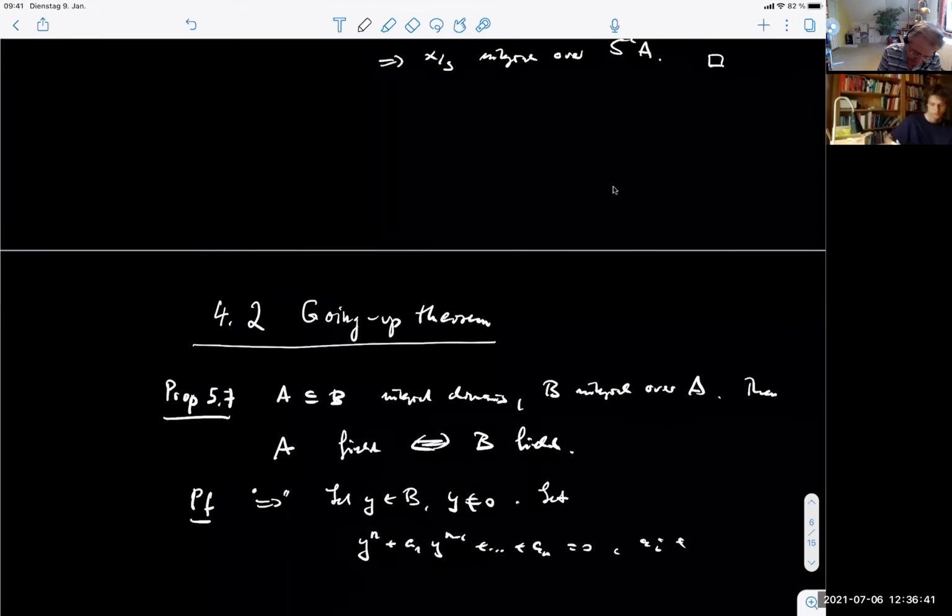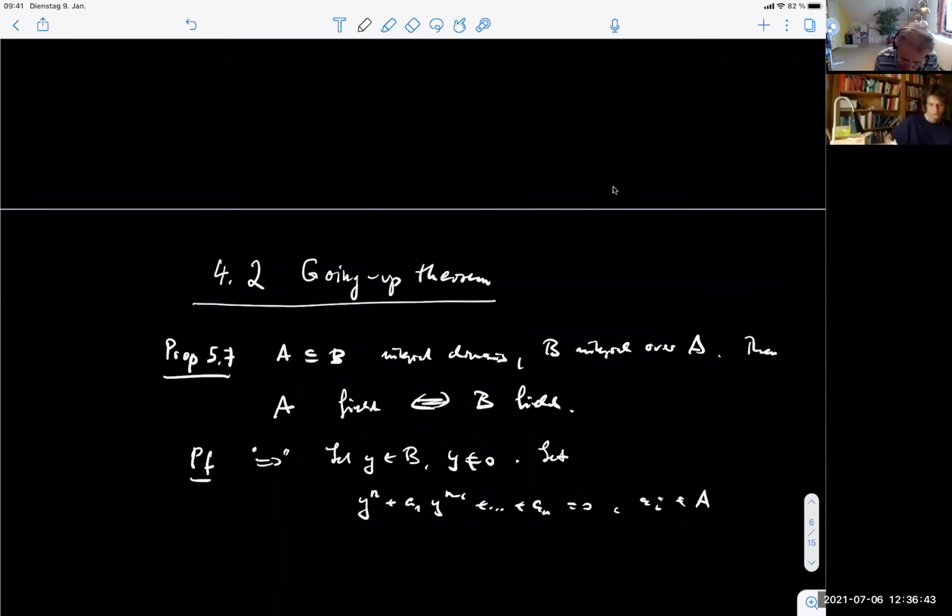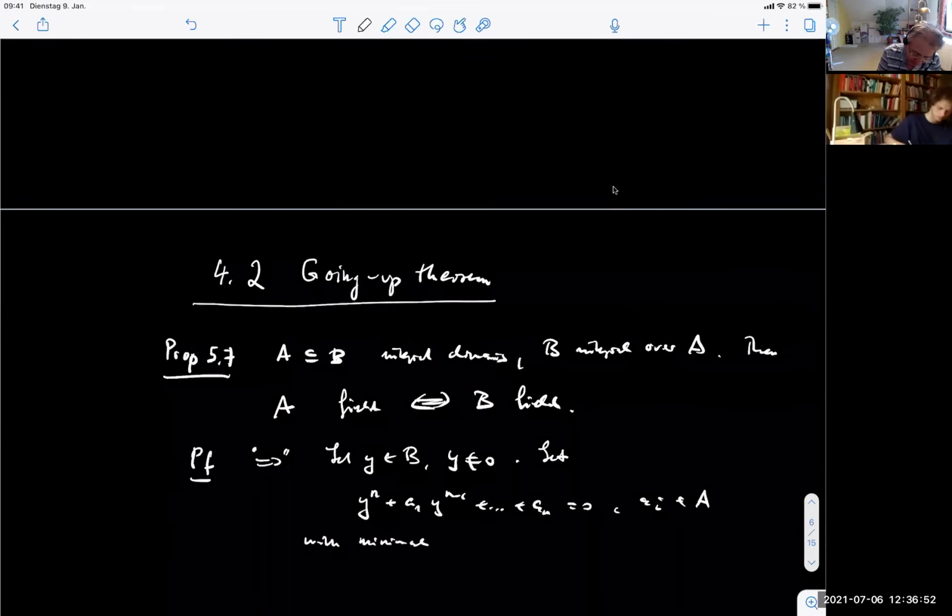Coefficients in A. Now, what can I do? Okay, let's say with minimal n, that's useful. Minimal degree n, then I'm sure that the a_n is not 0. Otherwise, I could divide by y, well, I would use that A is an integral domain, and I could remove the a_n.